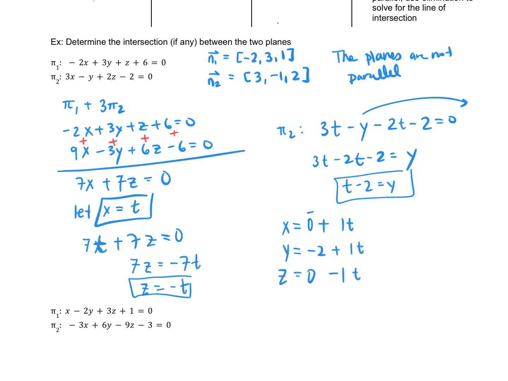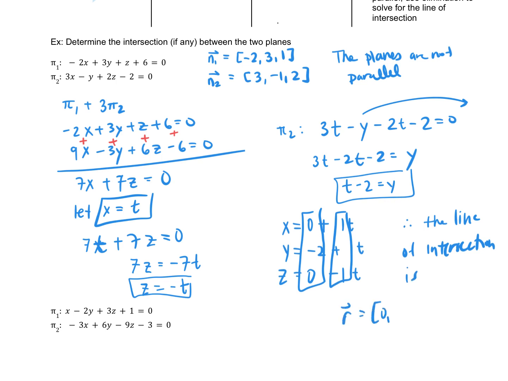And if you do that, there's your r naught vector, and there's your direction vector. So therefore, the line of intersection is 0, -2, 0 plus t times 1, 1, -1, where t is an element of all real numbers.